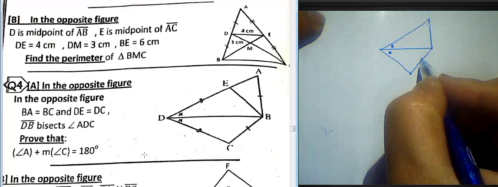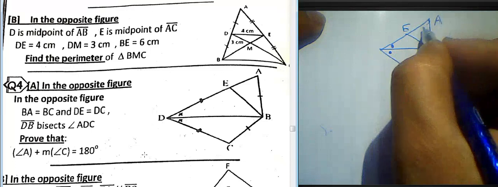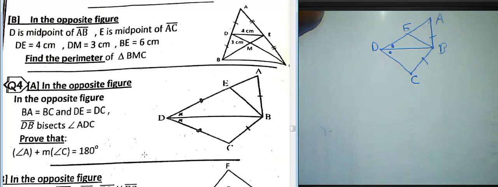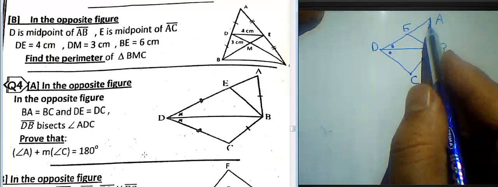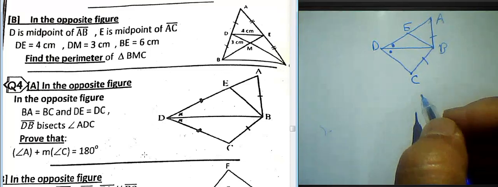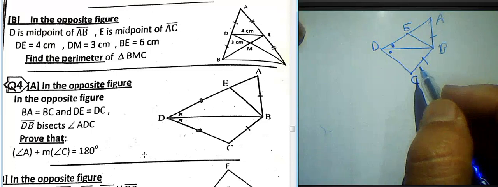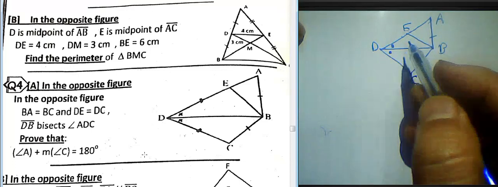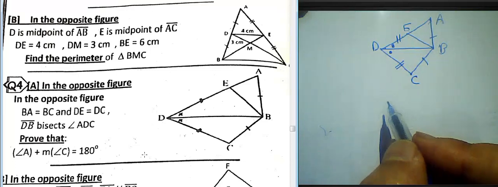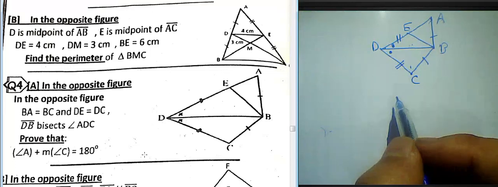Okay, and this side equals this side, and we have here E, A, D, B, and C. You want to prove that the measure of angle A plus the measure of angle C equals 180 degrees. So we must prove that two triangles are congruent. Look with me here, he gave us DE equal DC. Then you can complete it for this example. Prove that two triangles are congruent.